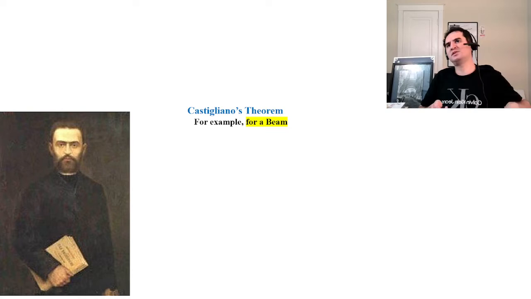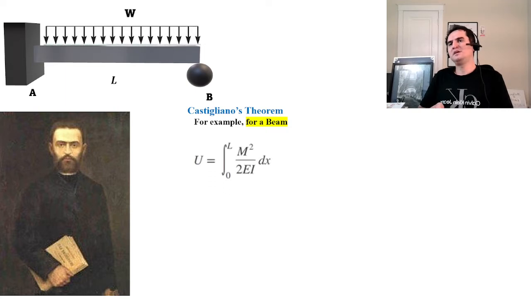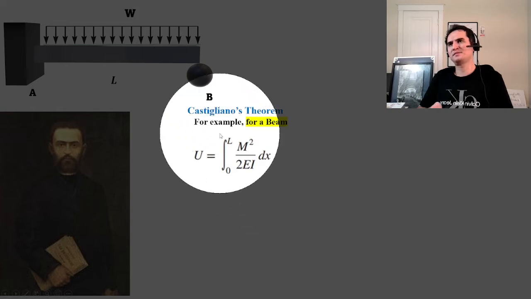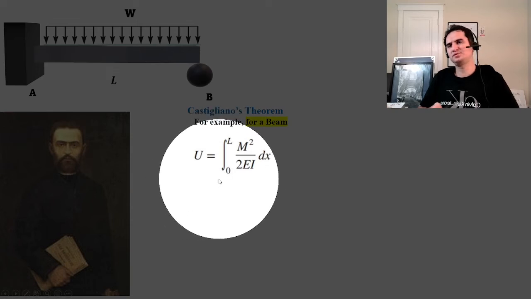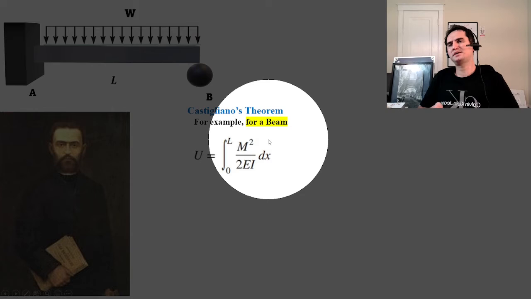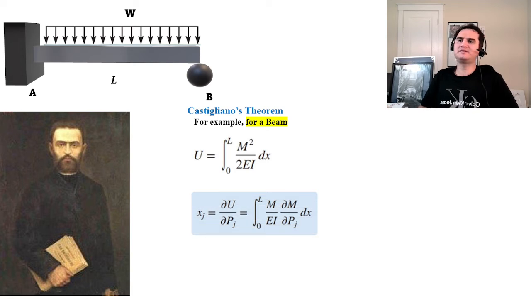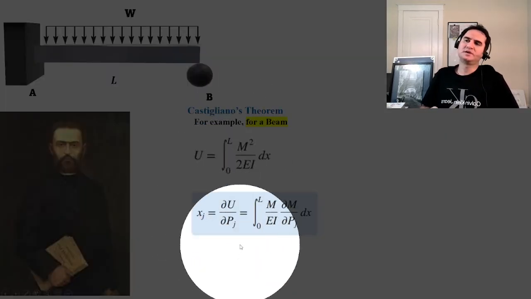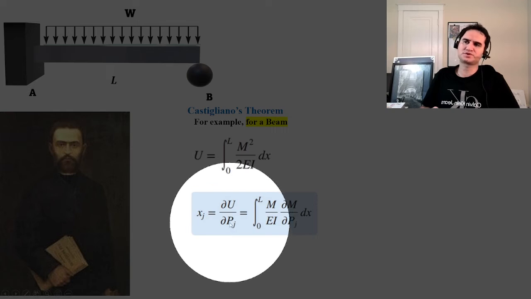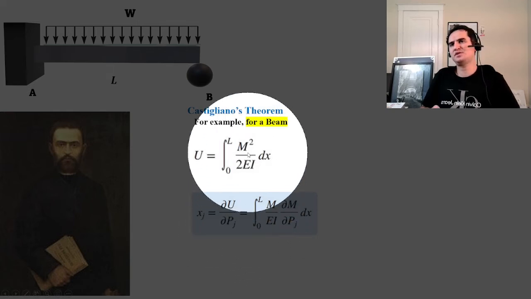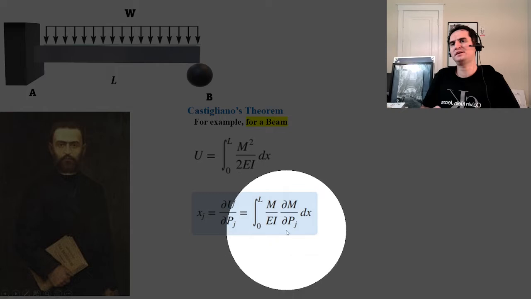Again, Castigliano's theorem, for example in a beam, says that if you define the energy from a deflection in a beam, which is a flexural member, U is equal to the integration from 0 to L of M squared over 2EI dx. When you take the partial derivative of the energy function with respect to the appropriate force, for example a vertical force, you take the partial derivative of M squared over 2EI, which turns to 2M over EI.